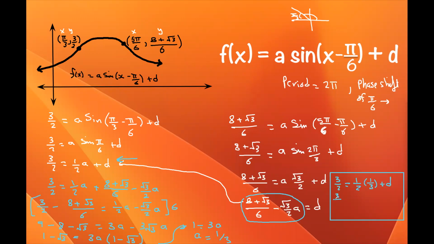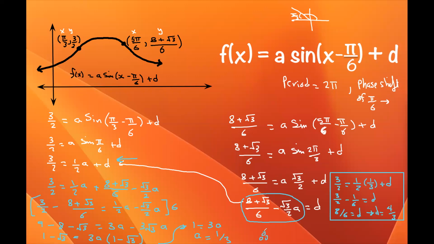So 3/2 minus 1/6, I'm gonna move it to the other side, so it becomes minus 1/6 equals D. And if I'm making a common denominator, that's multiply top and bottom by 3. So it's going to be 9/6 minus 1/6, which is 8/6 equals D. And therefore D equals, reduce this, and it gives you 4/3.